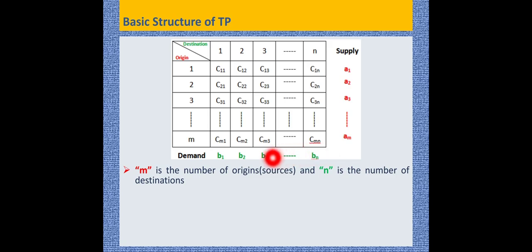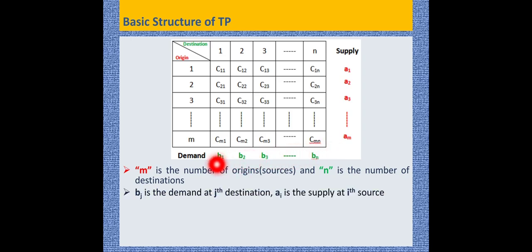Here M is the number of origins, or we can call as sources, and N is the number of destinations. Here we can call destinations demands as well.